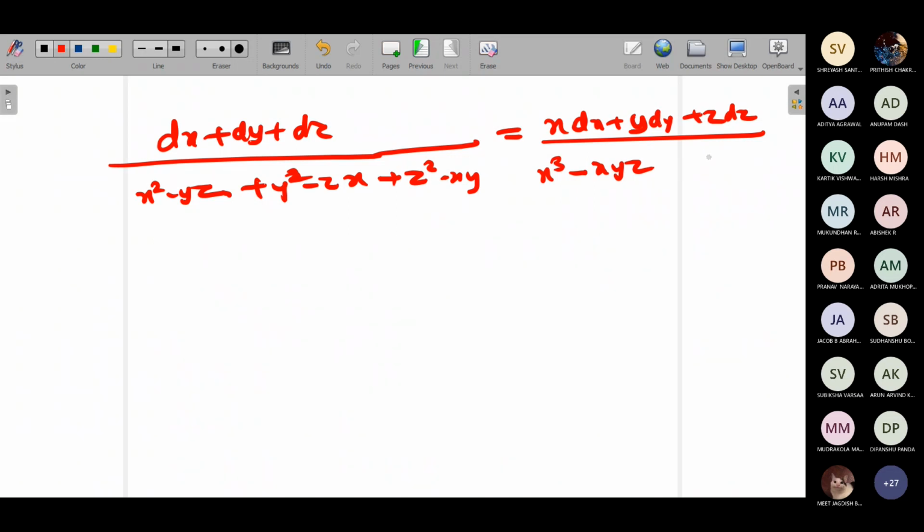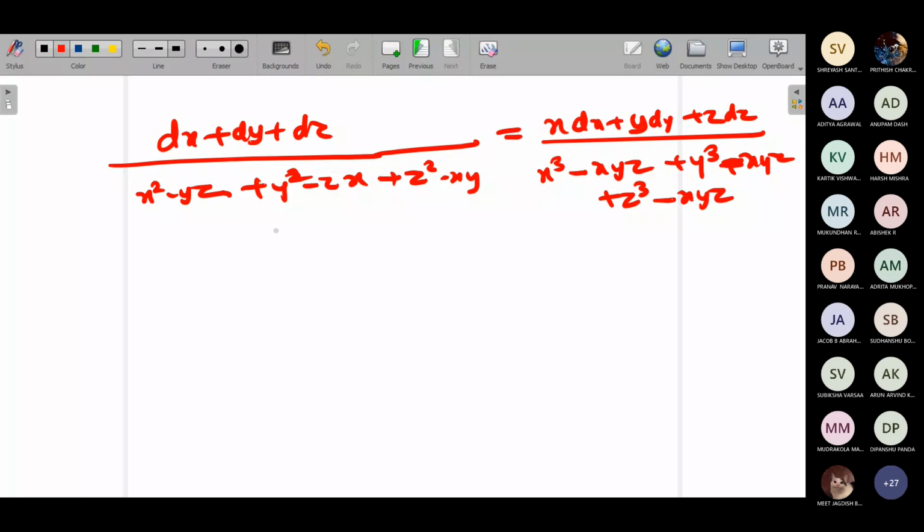X cube, yes, x cube only. Y cube minus xyz. Then the other term will become z cube minus xyz. So 3xyz I'll get. And what about here? I have x square plus y square plus z square minus xy minus xz minus yz.